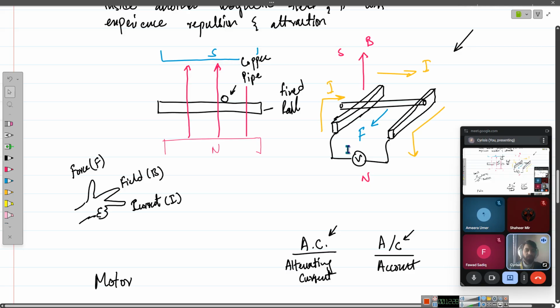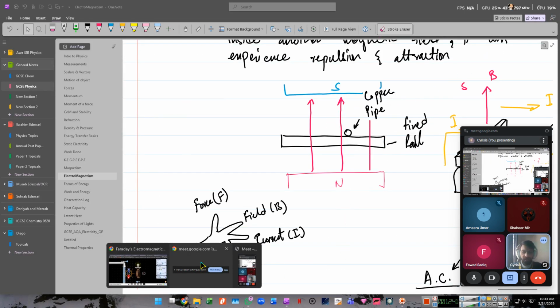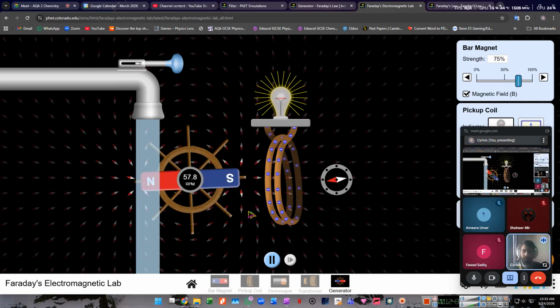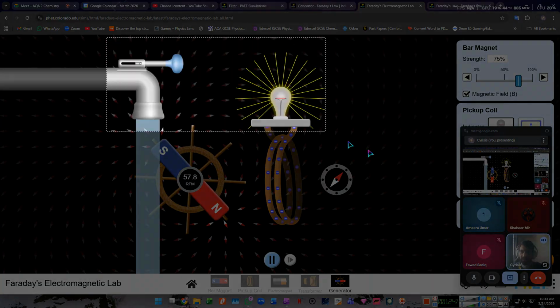And if I want to get the generator effect rather than the motor effect, then the faster I move it, the more voltage is going to be produced. The slower I move it, the less the voltage, which is completely visible over here. With the greater force, you can see that there's greater of this over here.